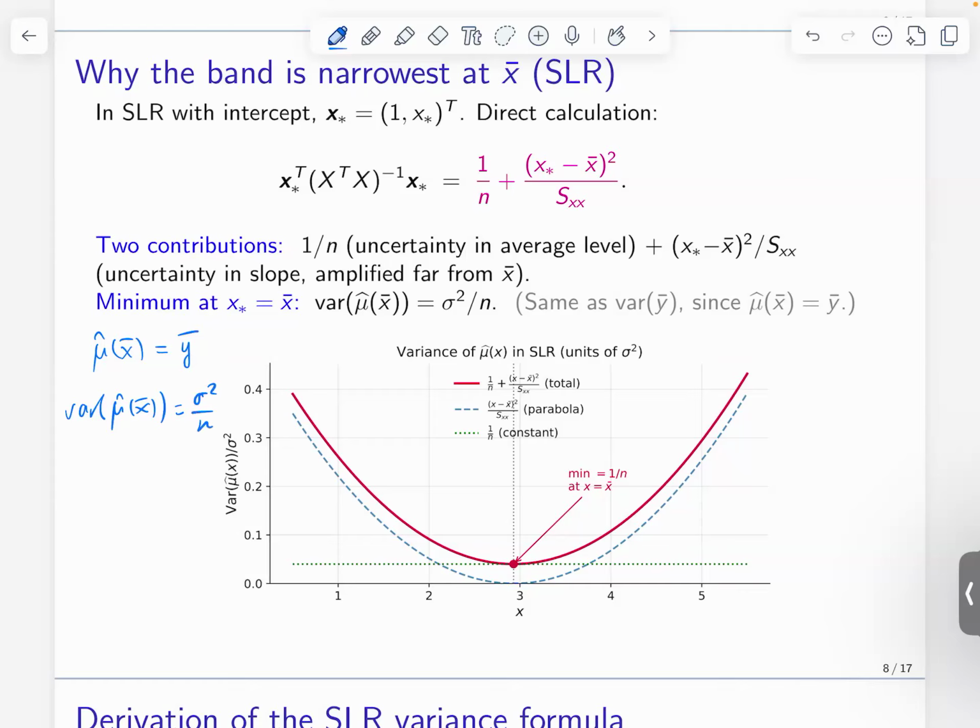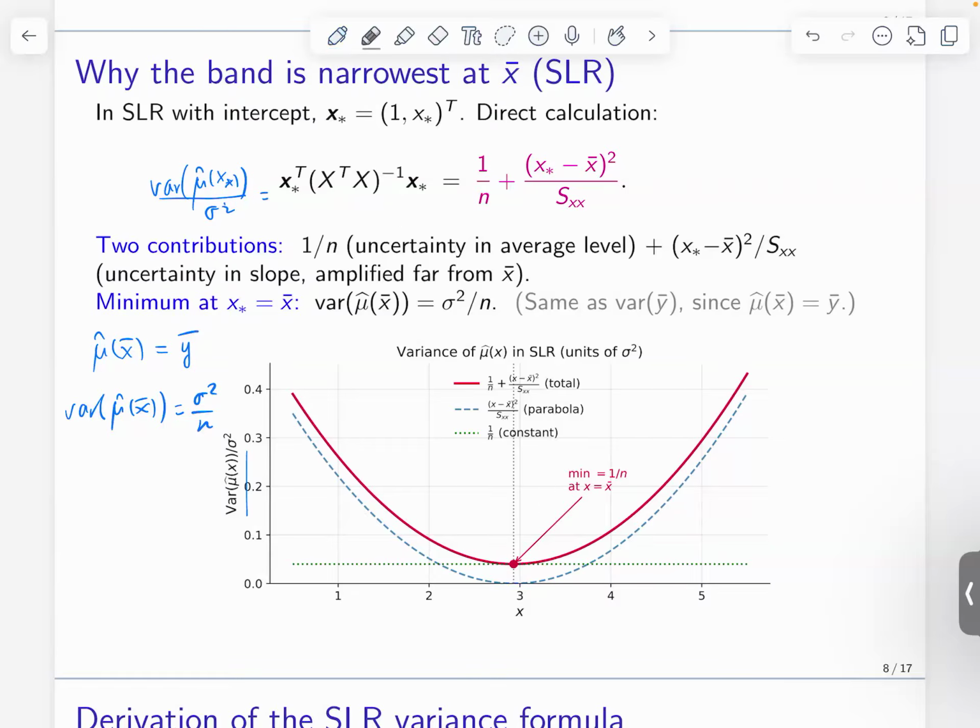So you'd get 1/n. I'm plotting just the variance divided by sigma squared, basically. This is the variance of the regression line divided by sigma squared, so variance of mu hat x star divided by sigma squared. If you remember what the variance was, it's exactly this.